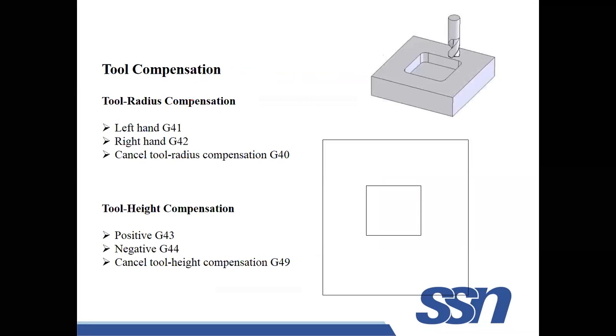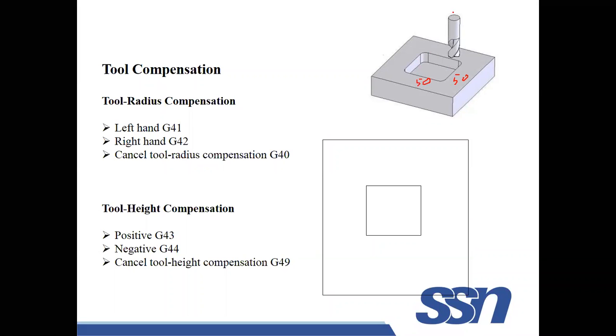So tool compensation, what we discussed in the previous slide, I can explain a little more elaborately. This is actually the pocketing. Let us assume the dimension of this pocket or this die is 50. Here it is 50. Here it is 50. It is 50 × 50. Understand?